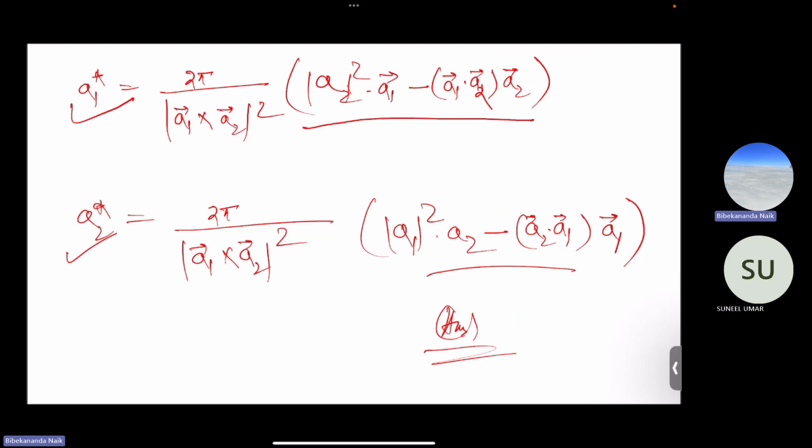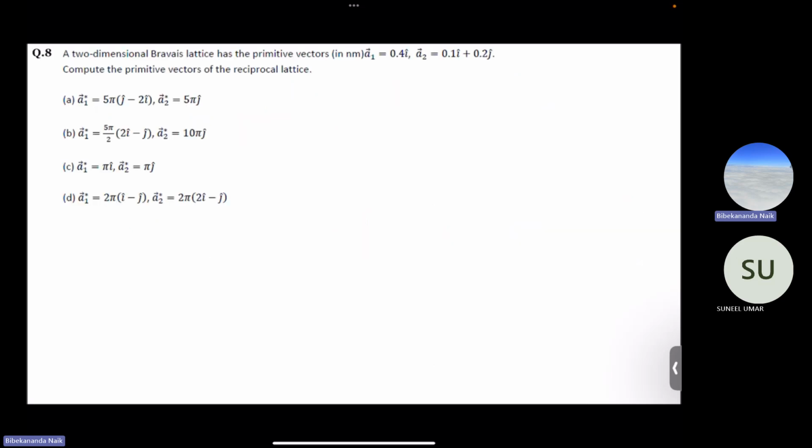See, in the expression we need the magnitude of A1 vector cross A2 vector, the values of A1 vector mod and A2 vector mod, and then A1 dot A2. We have A1 vector is 0.4 I cap and A2 vector is 0.1 I cap plus 0.2 J cap.